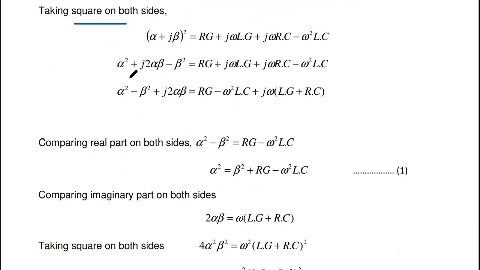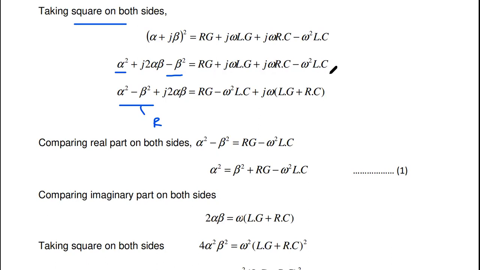So you see the left side term has a real part and an imaginary part. The right side term also has a real and imaginary part. So you just separate them. What is the real term available on the left side? Alpha squared minus beta squared. It's the real component. Then the imaginary is plus j 2 alpha beta.